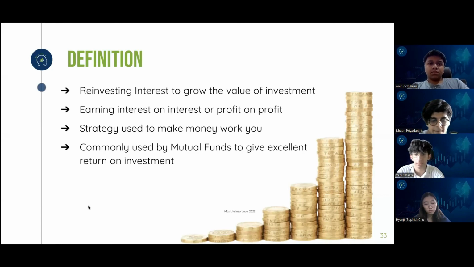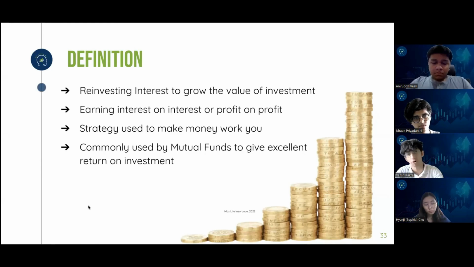So it means earning interest on interest, or profit on profit, right? This strategy allows the interest earned to also earn interest, leading to growth in the value of the investment.